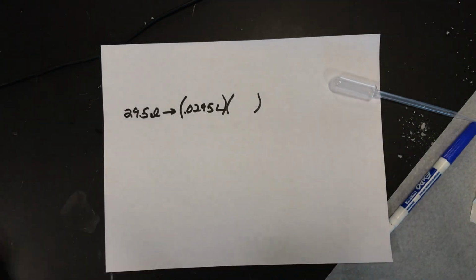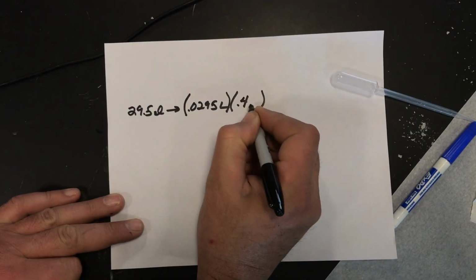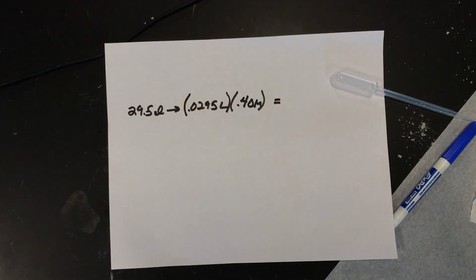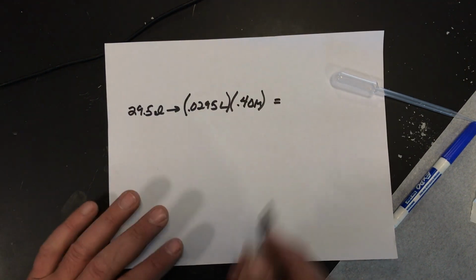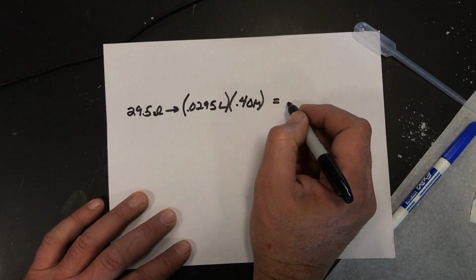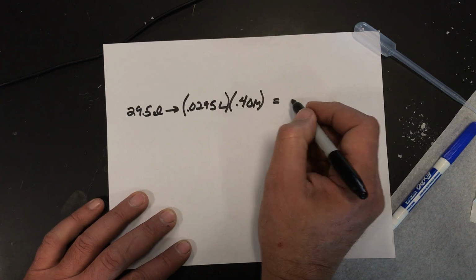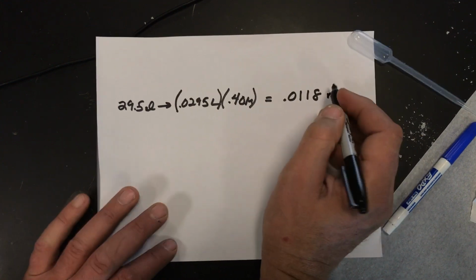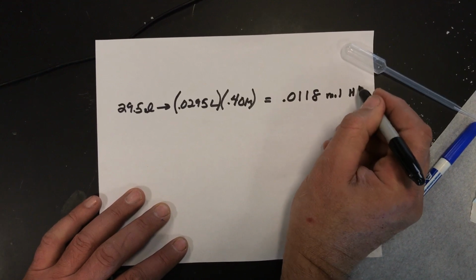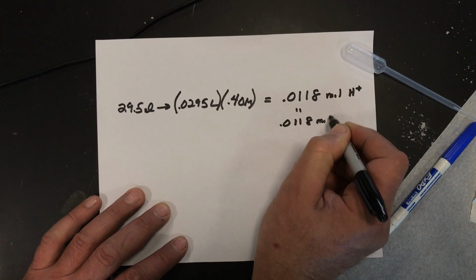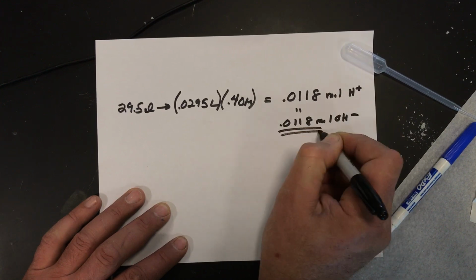So we times that by 0.4. Molarity times liters equals moles. So what's 0.4 times 0.0295? Okay, that's moles of what? H plus we just added. That's equal to the 0.0118 moles of hydroxide excess.